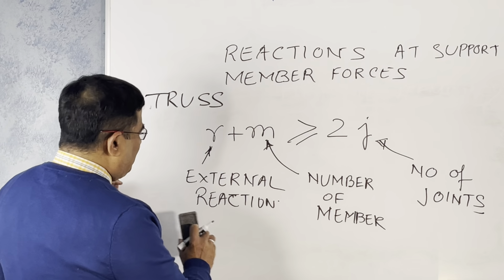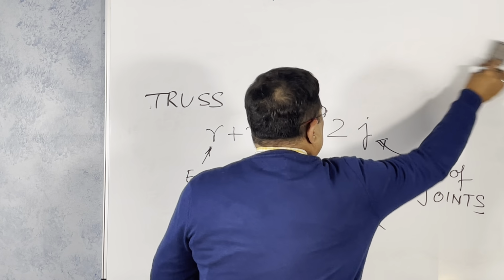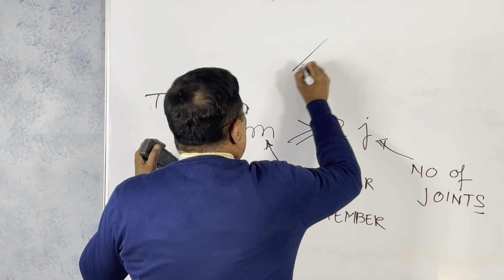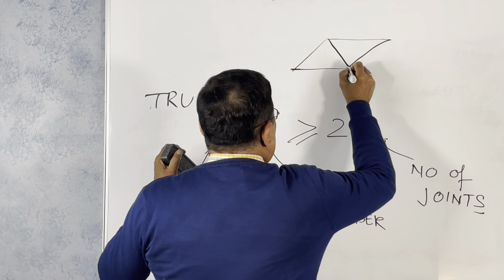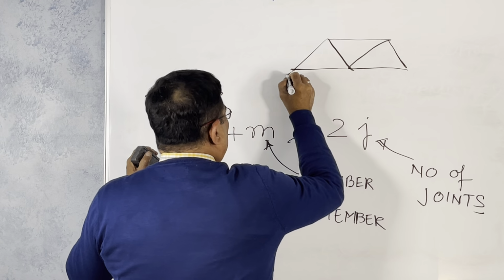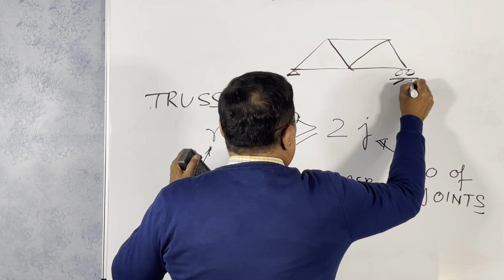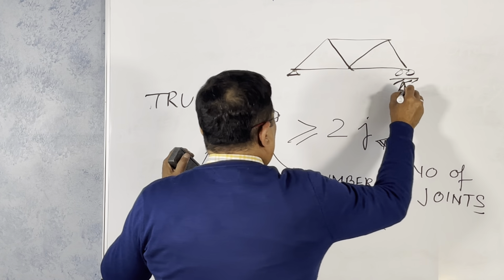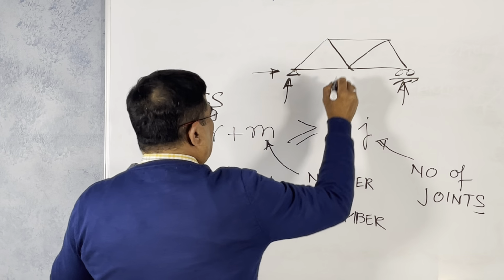Member forces, if you have, okay, now let us draw a truss. A very simple truss. It is pin jointed, this is roller supported, vertical only, this is horizontal only, this is vertical.